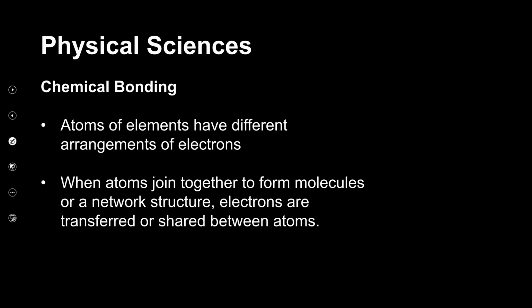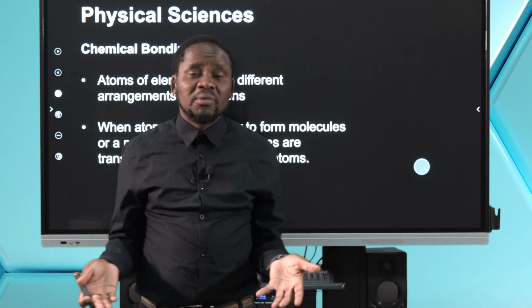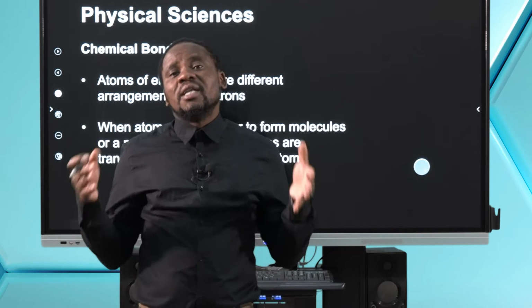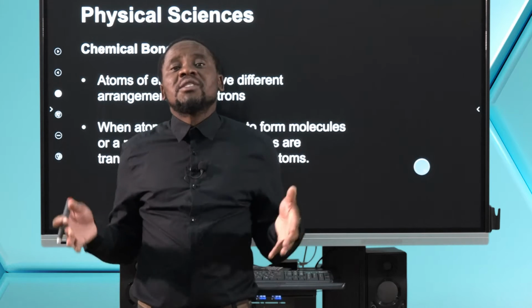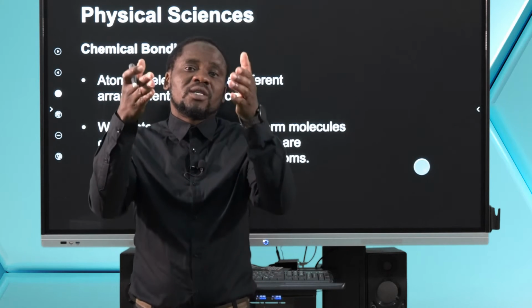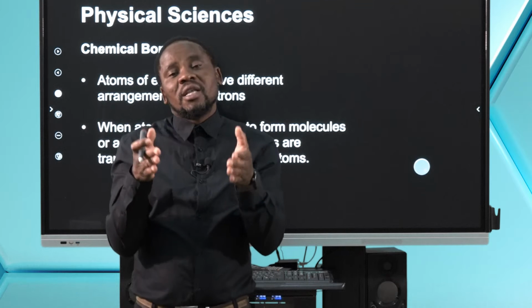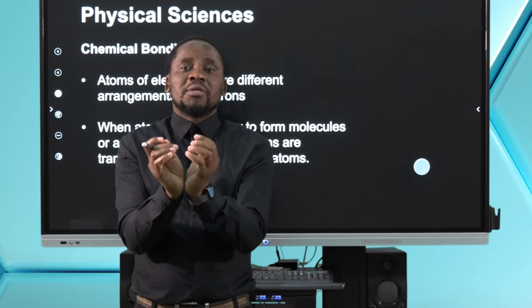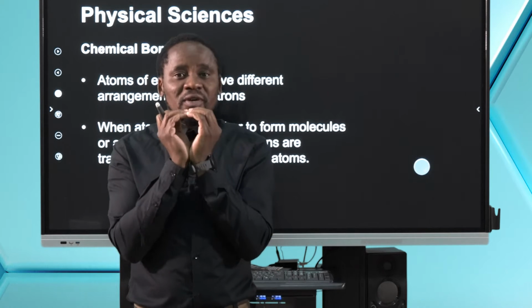Okay, now in the background, what is it that we understand? We know that during chemical bonding, atoms of elements have different arrangements of electrons, right? This goes back to the basics, the fundamentals of chemistry in as far as the periodic table. When we talk about electron configuration, we're saying that it is specific to a type of element, because an element is a substance that is made up of a particular type of atom, okay?